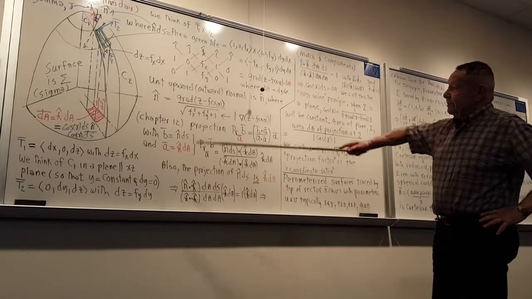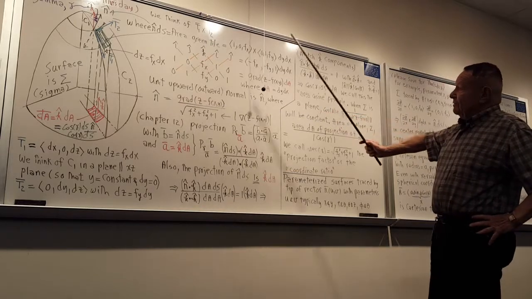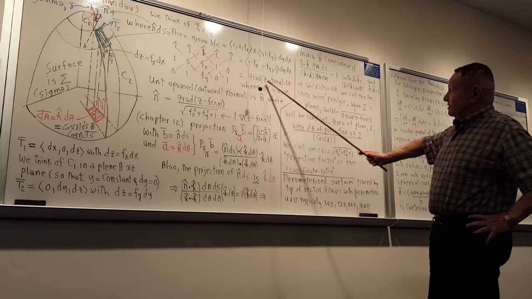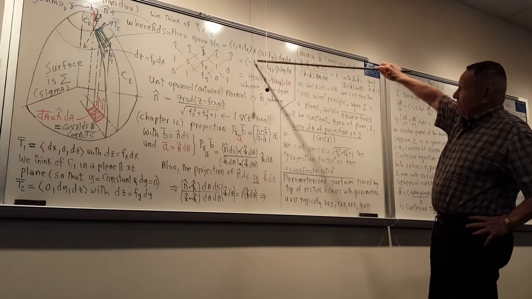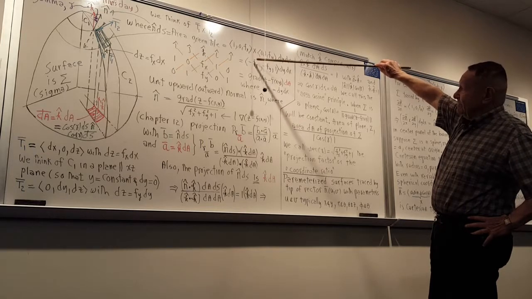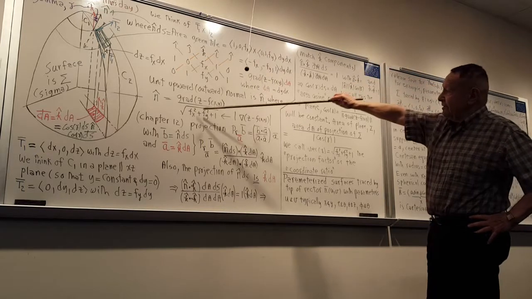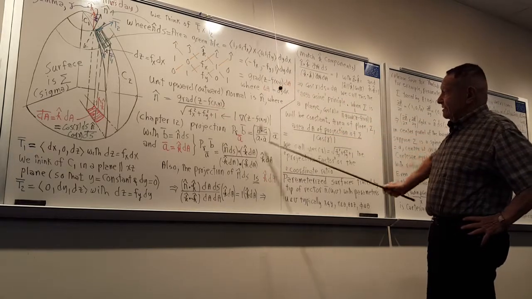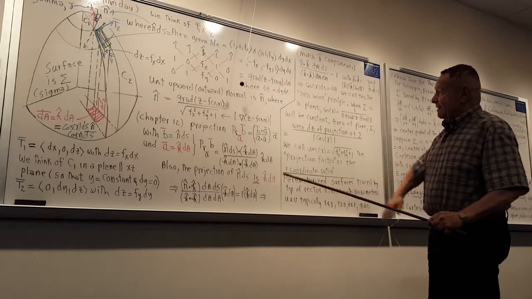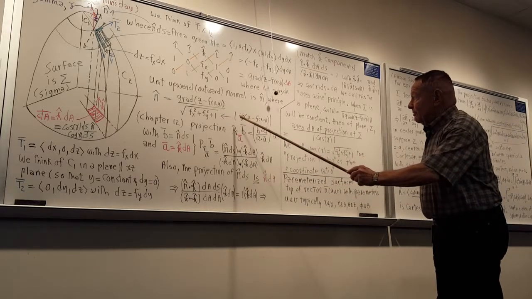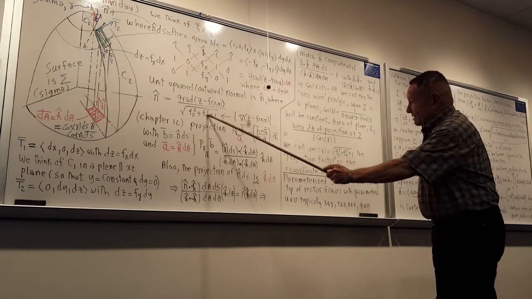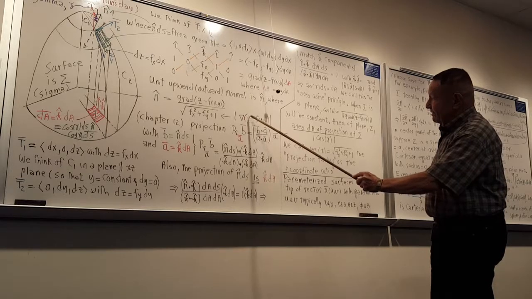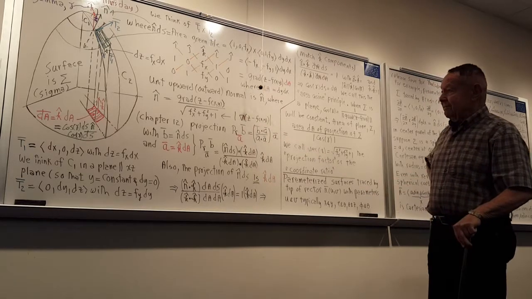And more than that, you can get your unit normal, because that'll be this vector over its magnitude. So the magnitude of this is the square root of this square plus that square plus that square. And so that this is the magnitude of this gradient of z minus f of xy.